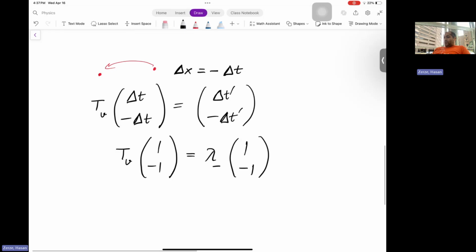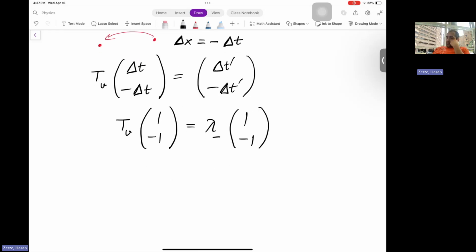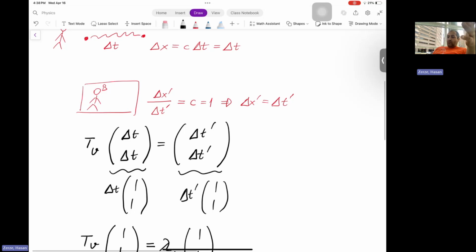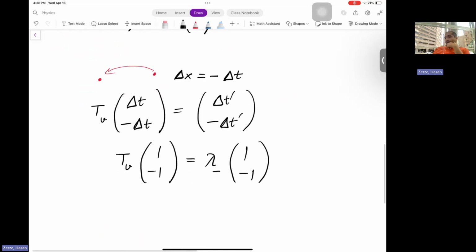So we found that, from the very simple argument that the speed of light is the same for the two observers, this transformation matrix, which is the Lorentz transformation, has two eigenvectors, and these two eigenvectors are (1, 1) and (1, -1).